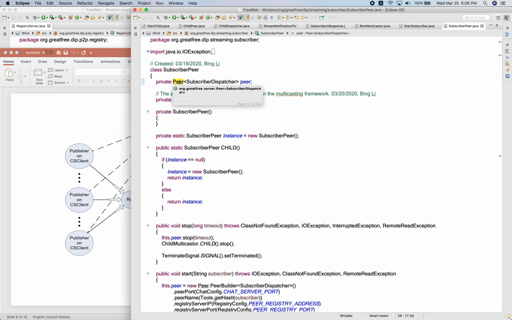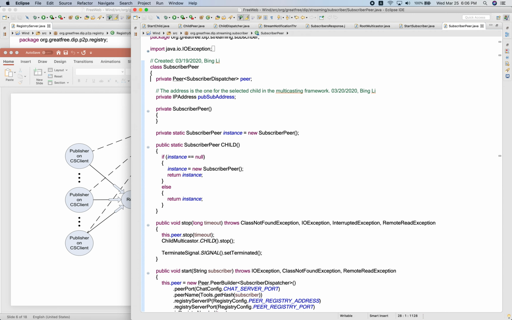We cannot use a server or a client here, since only a peer can be a node in a multicasting framework.